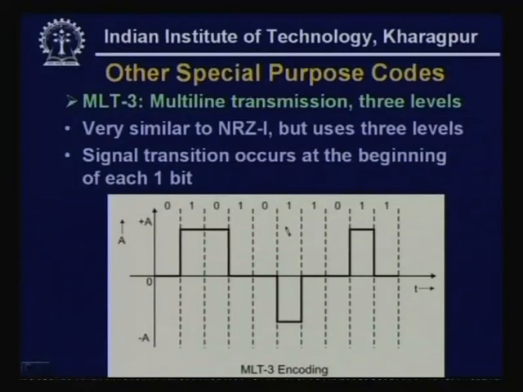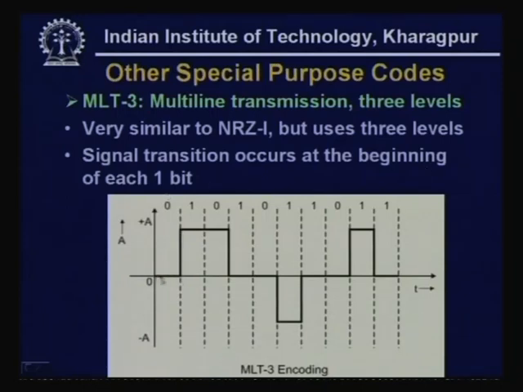Then there is another special purpose code that is used, known as MLT-3, multi-line transmission. Here also we use 3 levels. It is very similar to NRZ-I. In case of NRZ-I, we have seen that we are using non-return to zero inversions, but instead of 2 levels, here we are using 3 levels. So, here we see signal transition occurs at the beginning of each 1 bit.